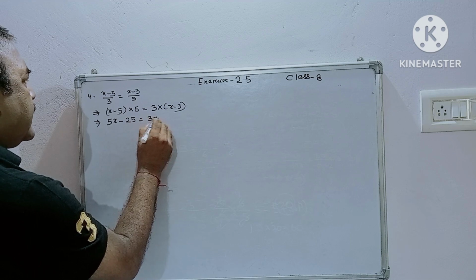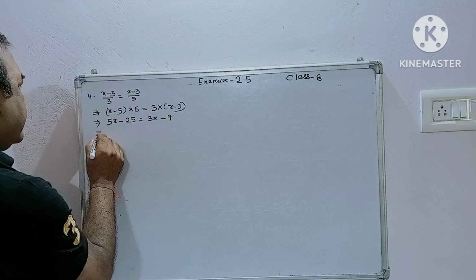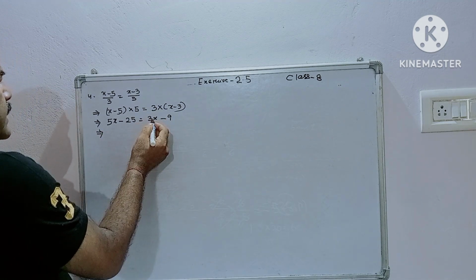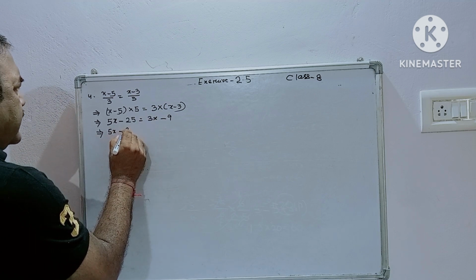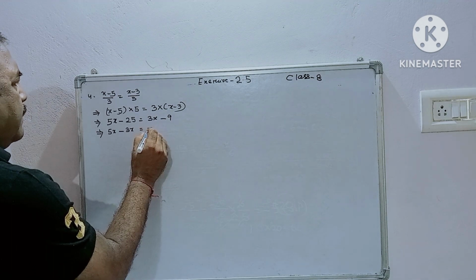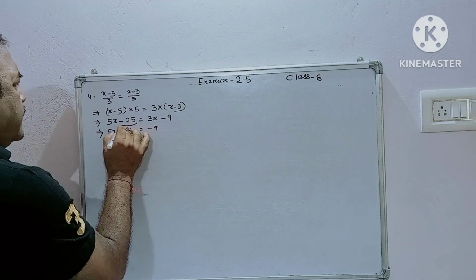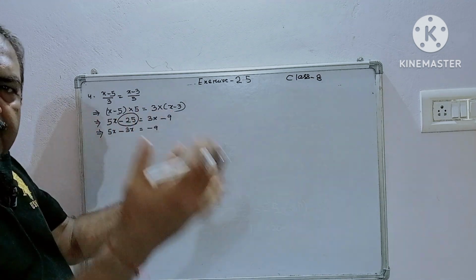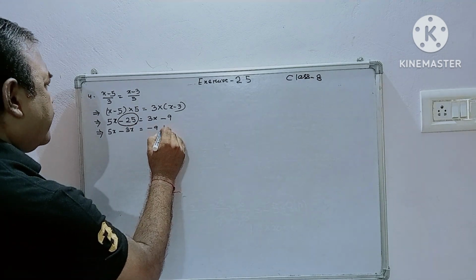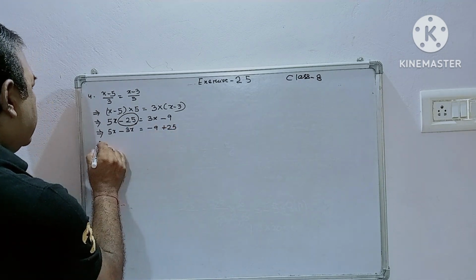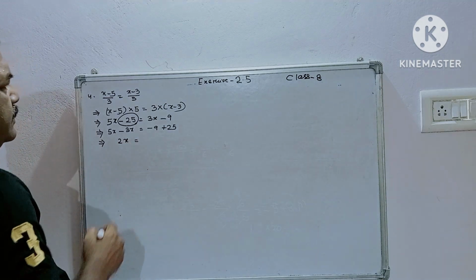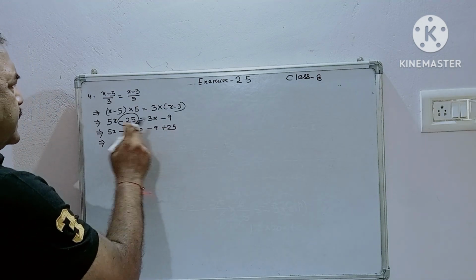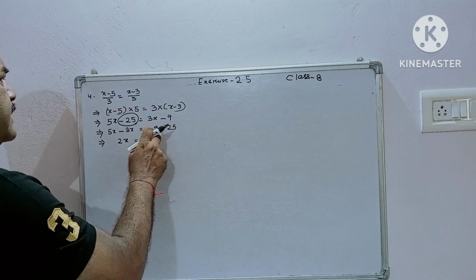to 3x minus 9. You transpose 3x to the left hand side, that will be 5x minus 3x, that is equal to minus 9. When minus 25 is transposed to the right hand side, that will be plus 25. So 2x is equal to 25 plus or minus 9, or minus 9 plus 25.